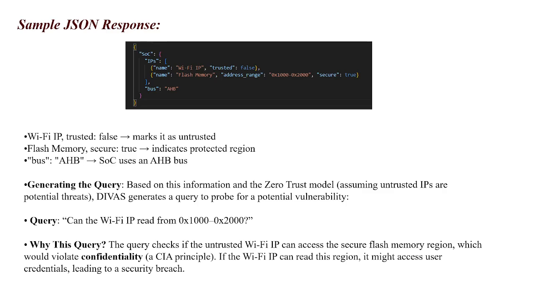So here is a sample JSON response. Here we have the Wi-Fi IP and the flash memory. The Wi-Fi IP is marked as trusted false, which immediately tells us it's untrusted, meaning it should not have access to critical regions. And the flash memory block, which has an address range of 1000 to 2000, is flagged as secure true, indicating that this region contains sensitive data.